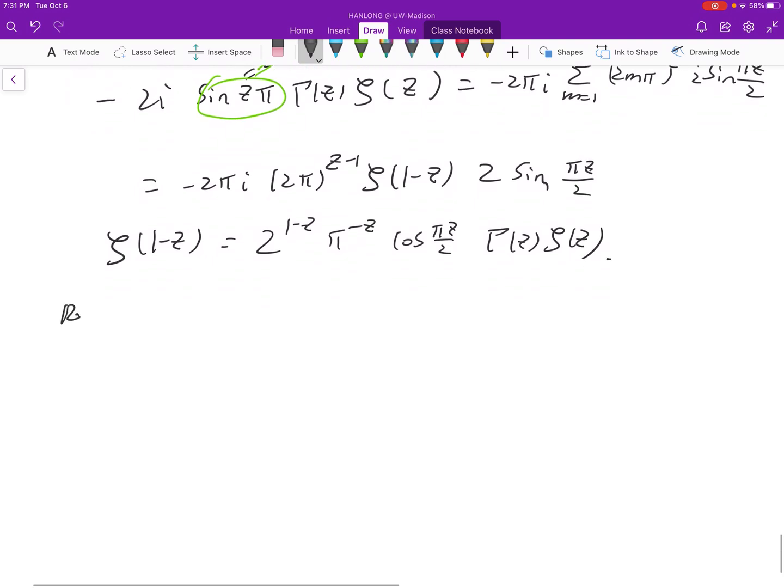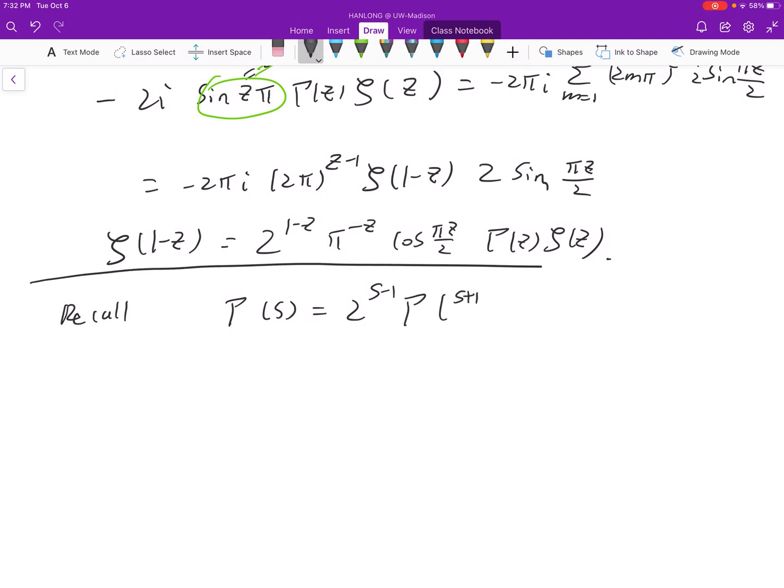And also recall the duplication formula for the gamma function. So this is done for the functional equation.